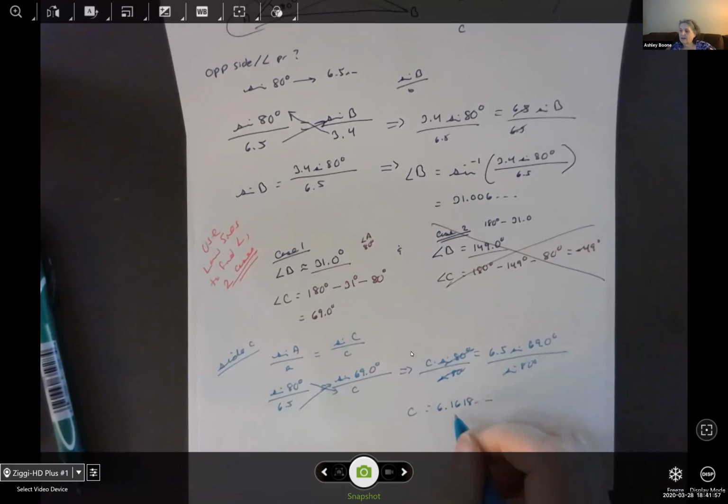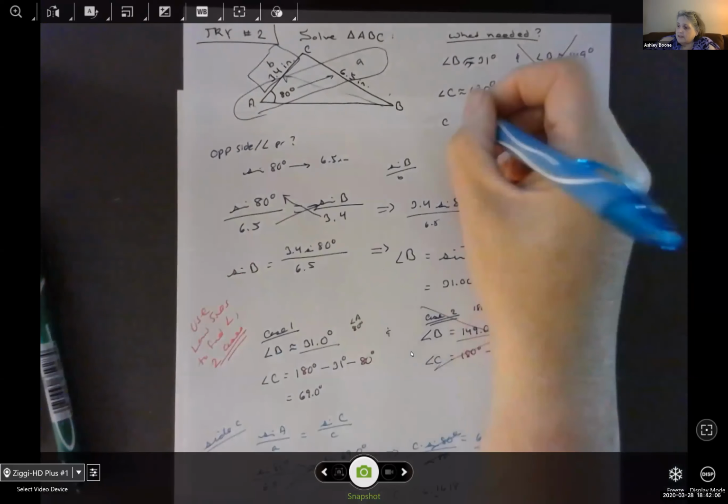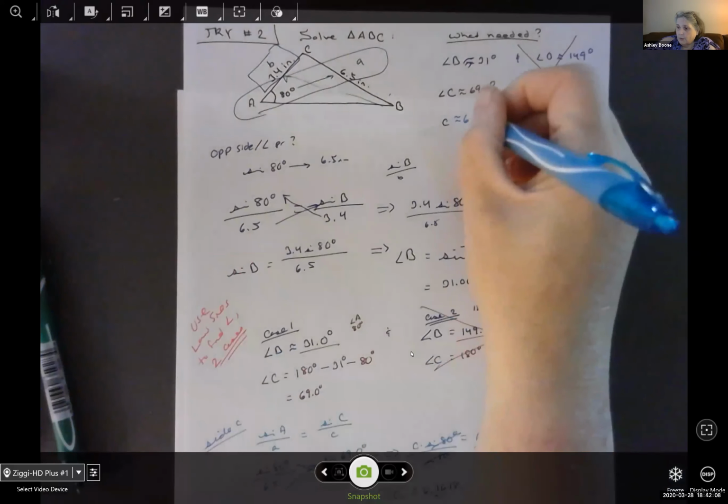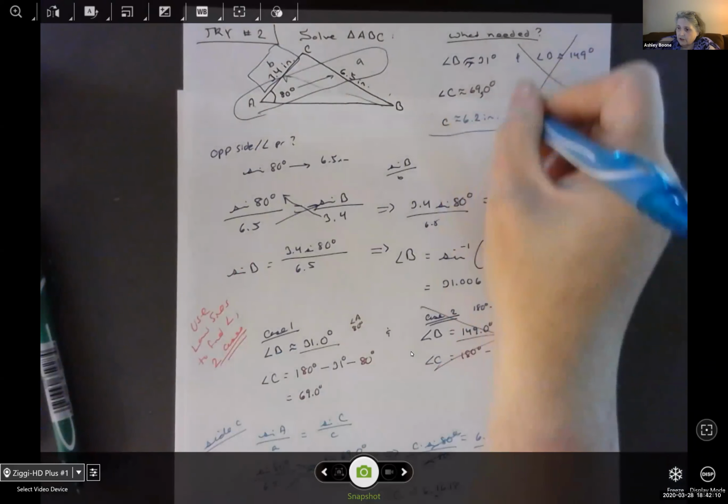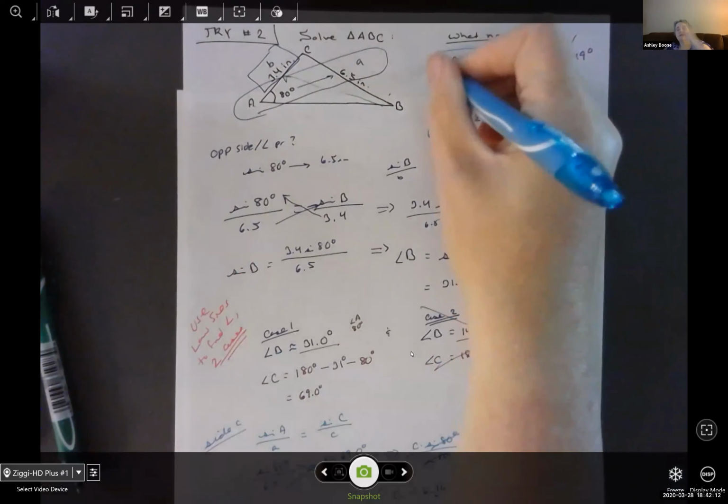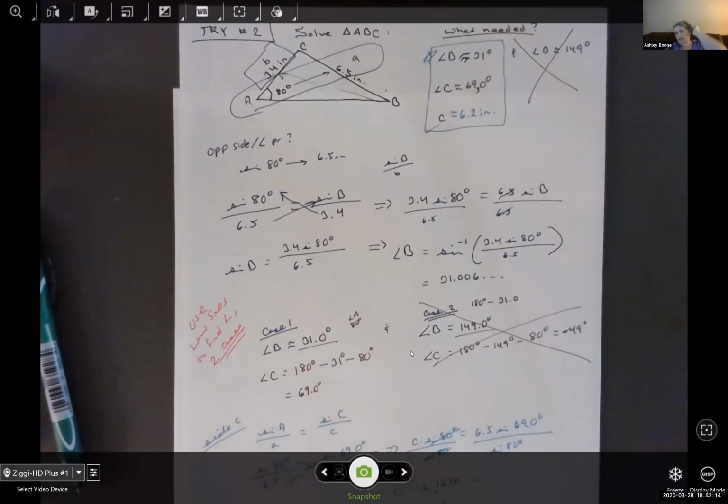If I go to the 10th, that would be approximately 6.2. I did have units here of inches for my side, so C is approximately 6.2 inches. Remember your units. Angles were in degrees, so I used the little degree symbol. Side was in inches, so I used inches as my units there. That was my only solution for this one.